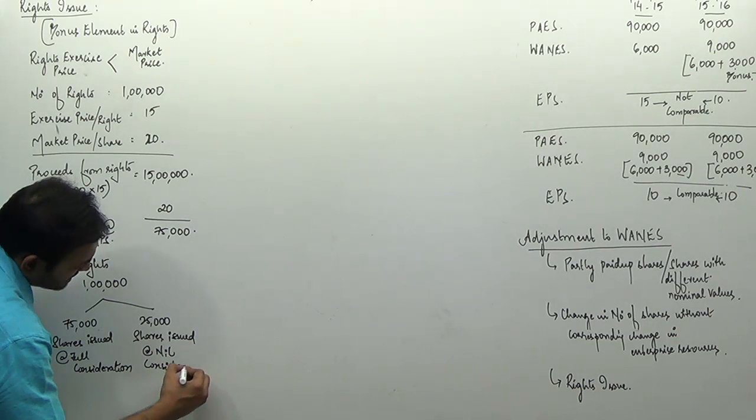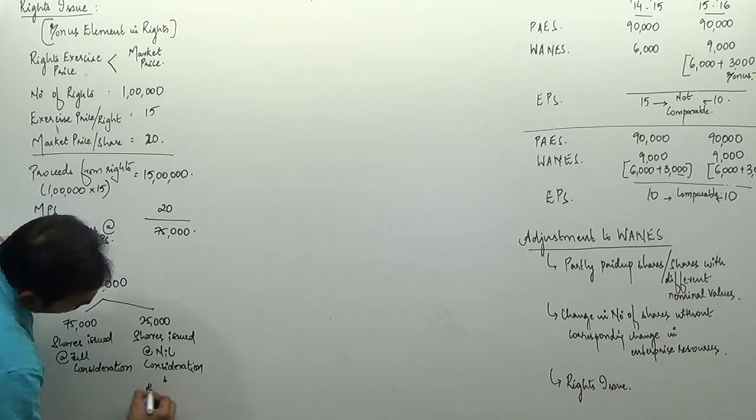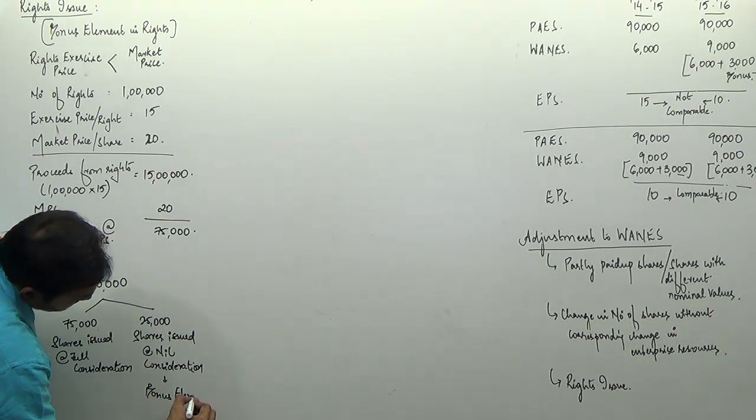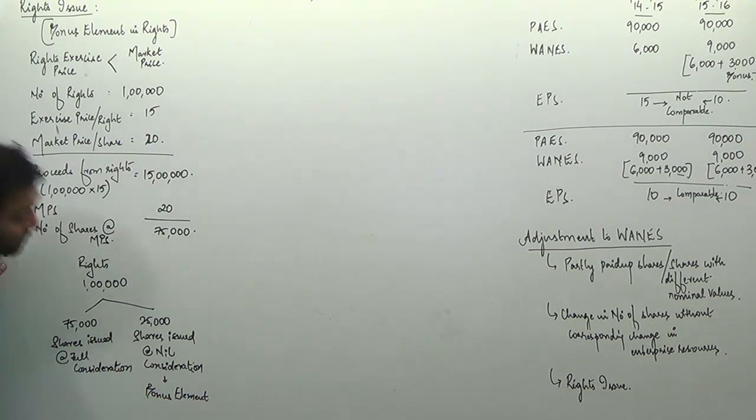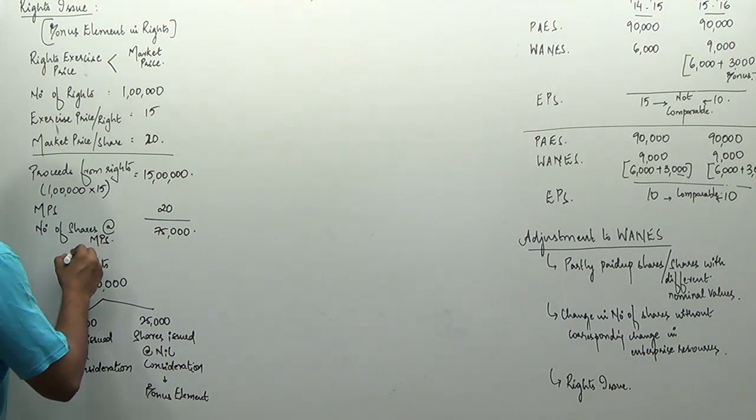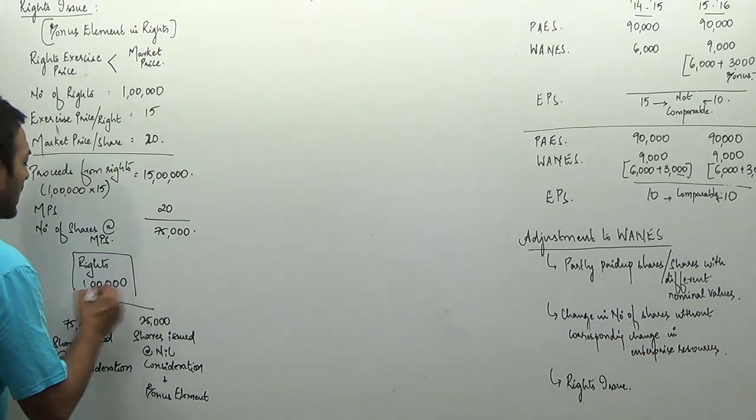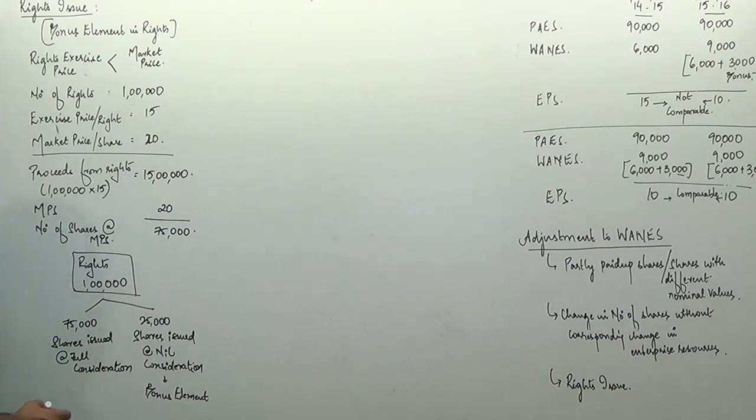Now your shares issued for zero consideration is nothing but the bonus element. This is the bonus element in rights. The bonus element in rights is that 25,000 shares which are assumed to be issued for nil consideration as a part of rights. So out of the total rights issue of 1 lakh, 75,000 shares are issued for full consideration and the balance 25,000 are issued for zero consideration.